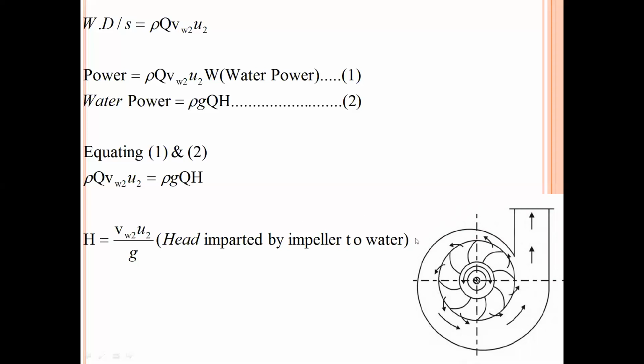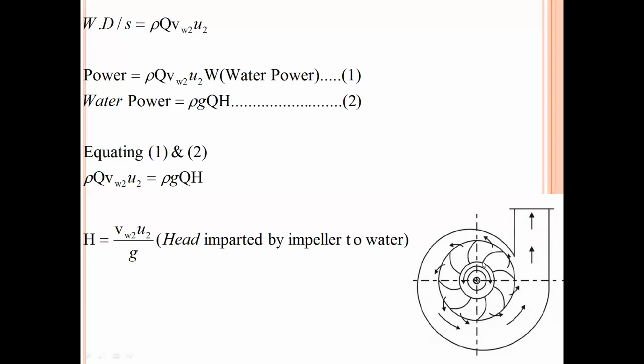So the difference in power depends on the value of your H. Your rho GQ is a constant. Depending on the H value, I say where the water power is calculated. You'll understand when I'm calculating the efficiency. So as of now, remember your H is a head imparted by impeller to water.